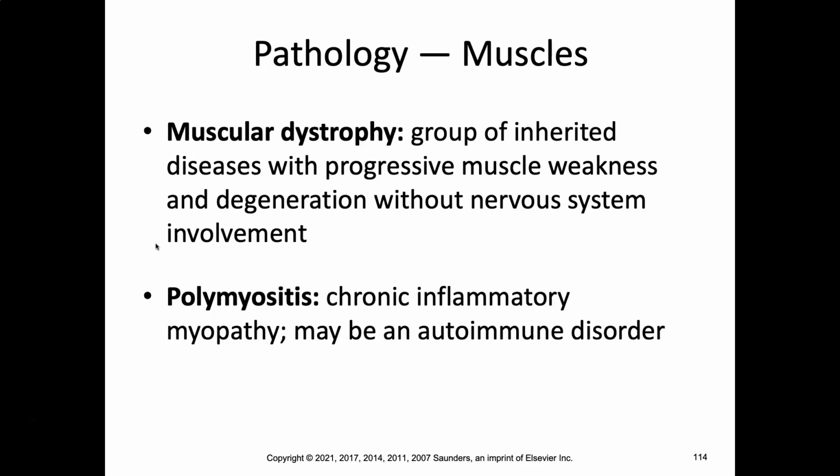You may remember the comedian Jerry Lewis, who, maybe from the 60s through the 90s, did a muscular dystrophy telethon every Labor Day and would try and raise money for research and treatment for muscular dystrophy, which is, again, a whole group of these diseases.